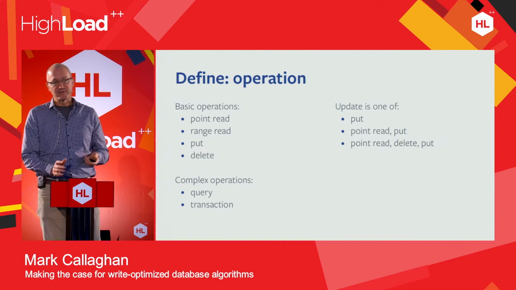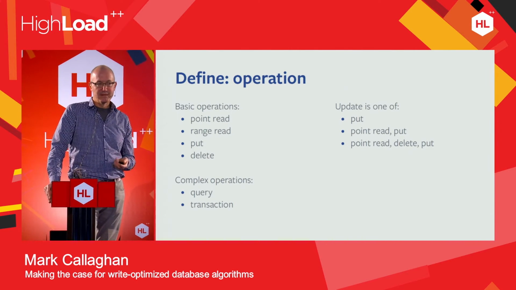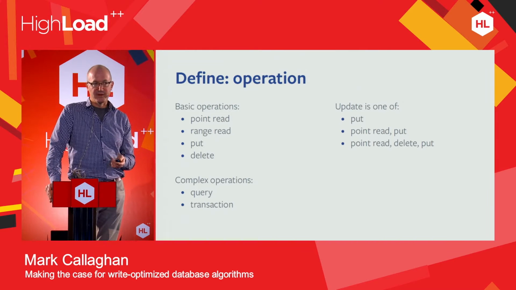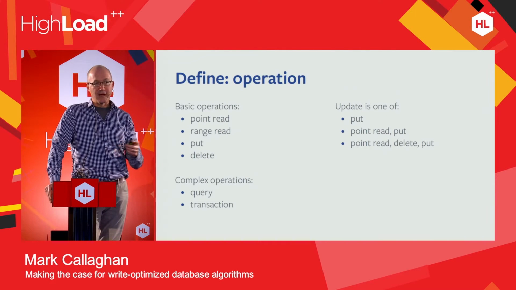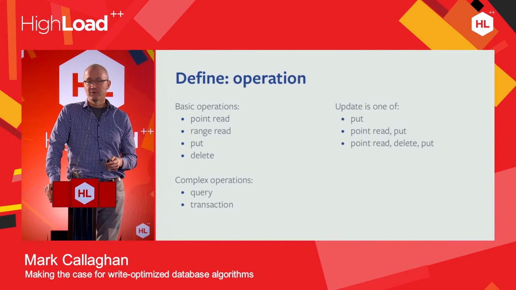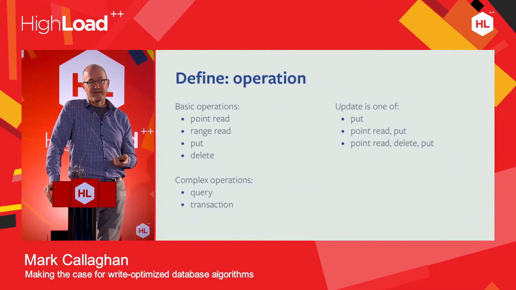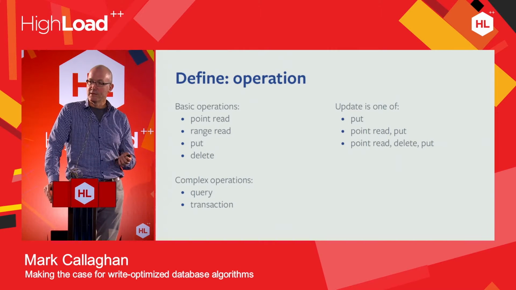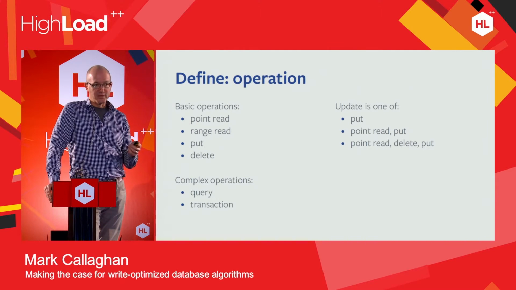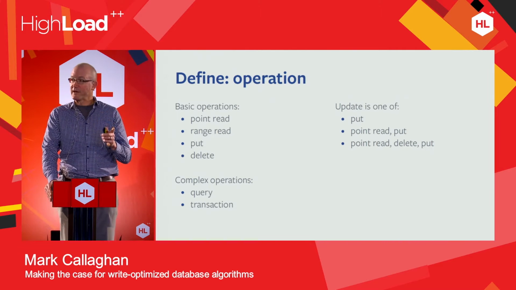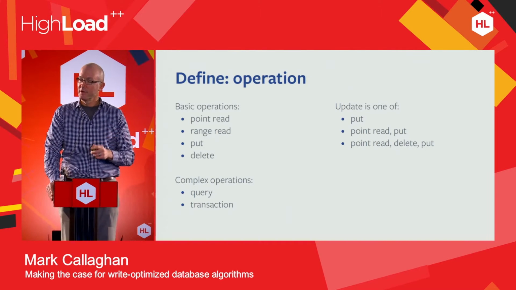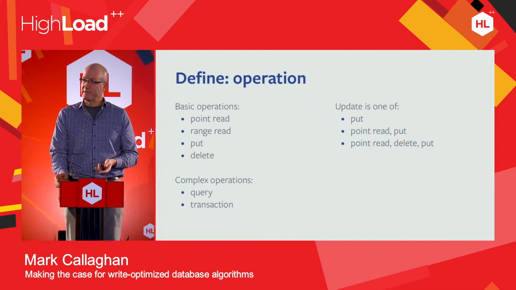So amplification is work per operation, and I would like to use basic operations. The basic operations I think of are point read, range read, put, and delete. The interesting thing here is that the basic operations described here match the low-level API that RocksDB provides.